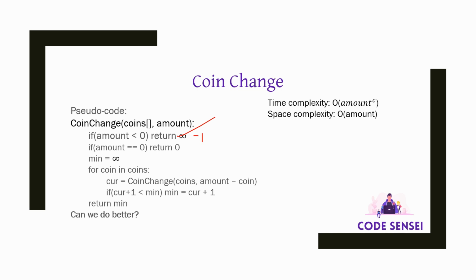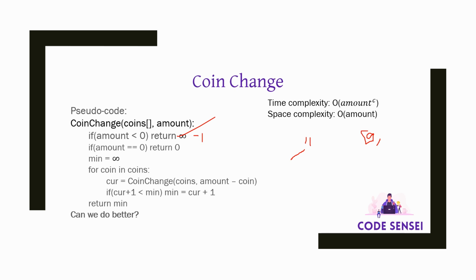For example, in our example, 11 was the total amount. So for the first coin in the set, which was 9, we are taking the coin 9, right?